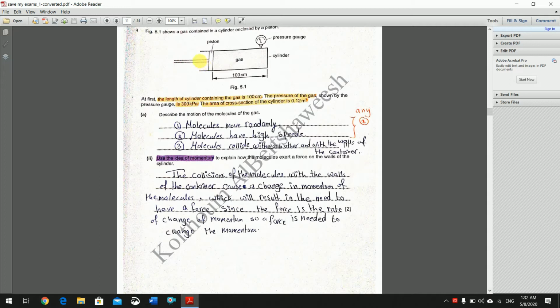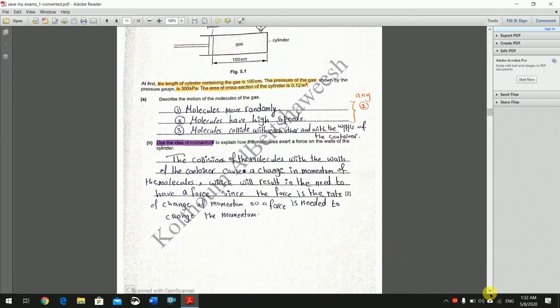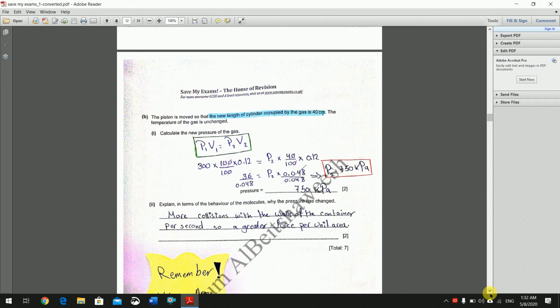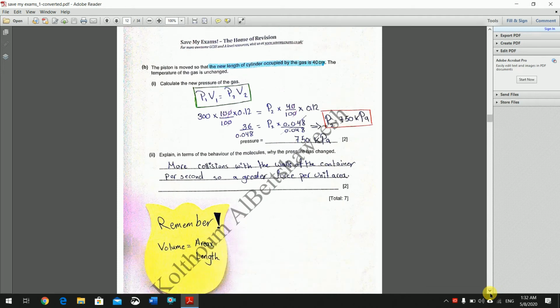Even after you push the piston to the right and change the length from 100 centimeters to 40, the cross section area is still the same. So remember a really simple concept from math: the volume is the area multiplied by the length, which in this case we changed from 100 to 40.